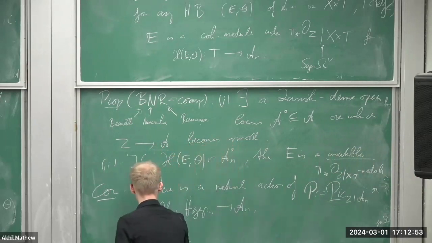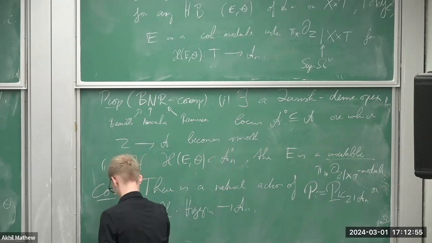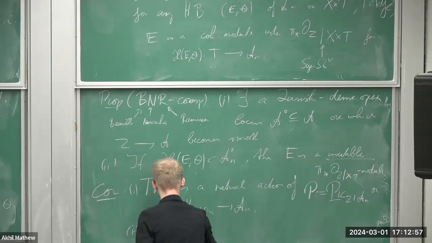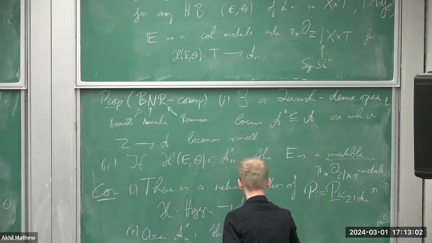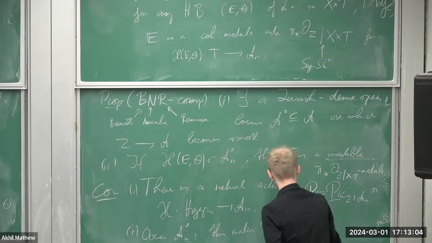And again, as a second half, over the regular locus, this makes H into a split torsor.